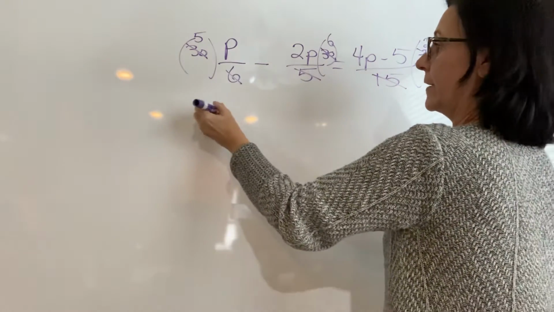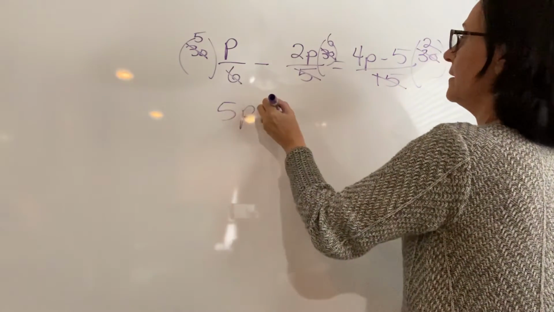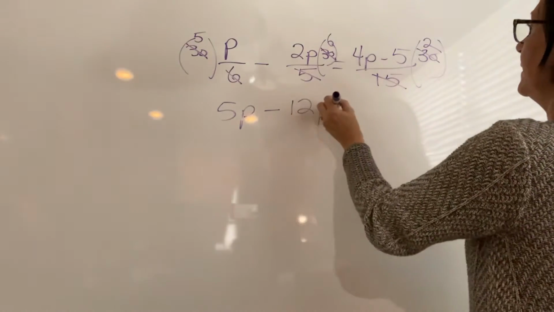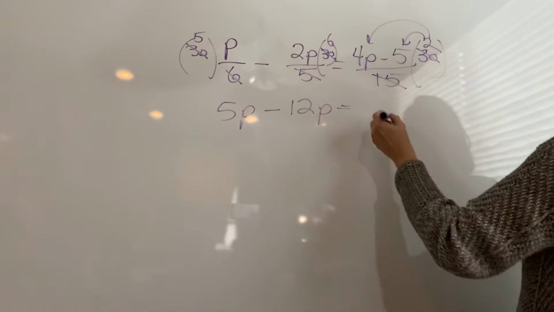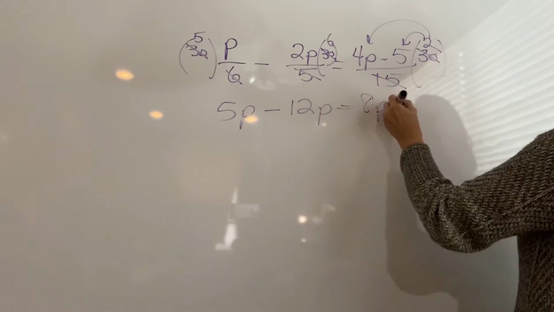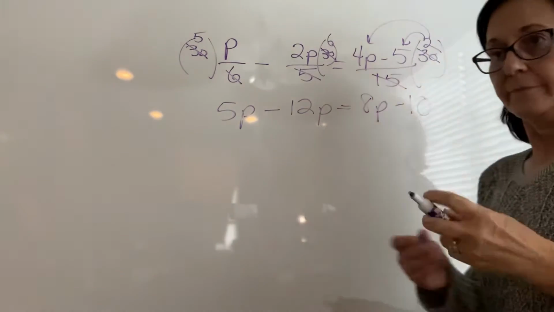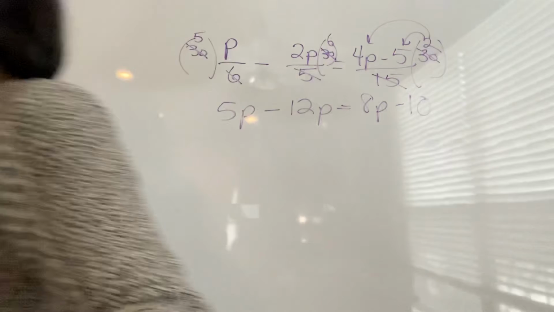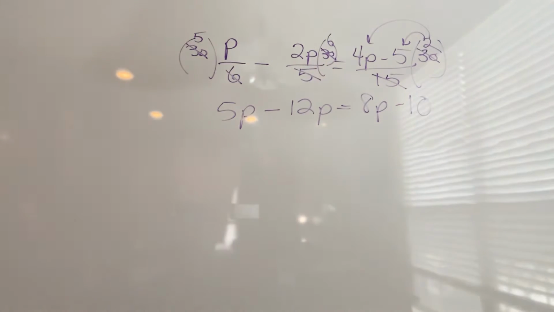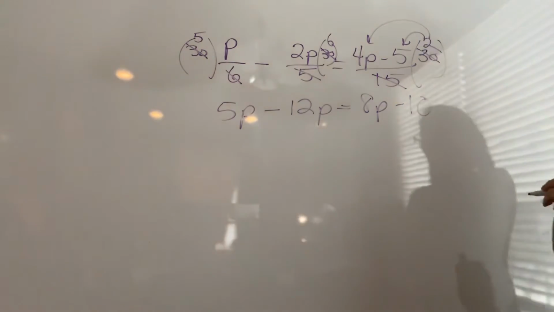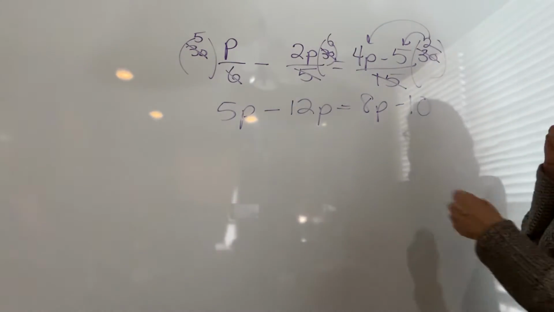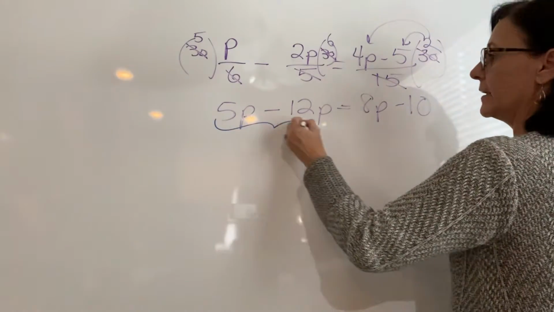Now I multiply. I have 5p minus 12p equals, I have to distribute the 2 to both of the terms. That's 8p minus 10. All right, I want my p's on one side, so let's go ahead and combine these.